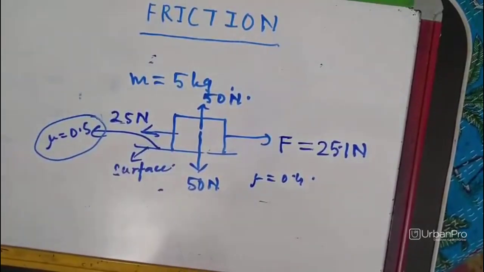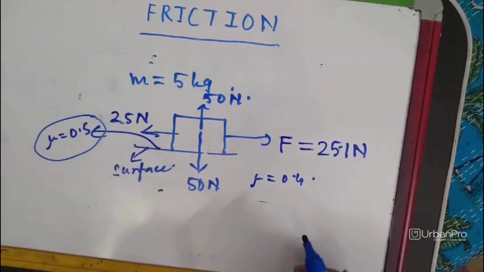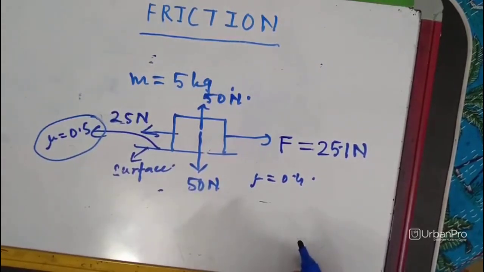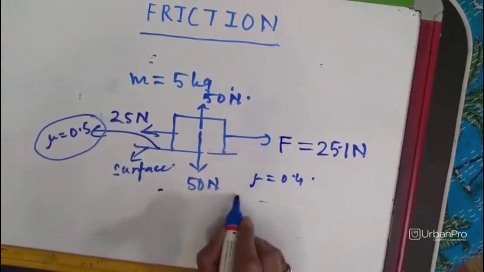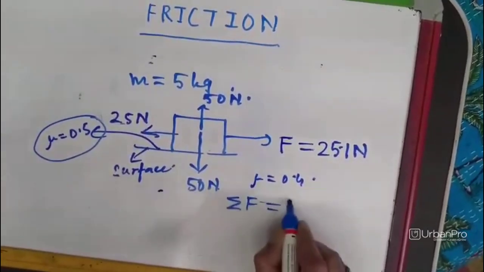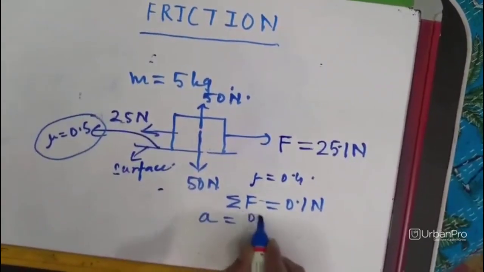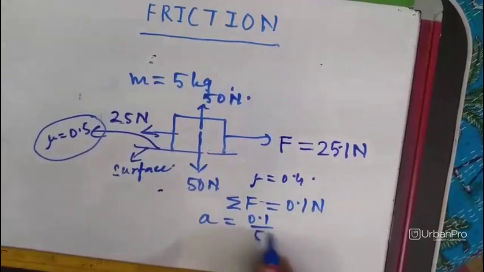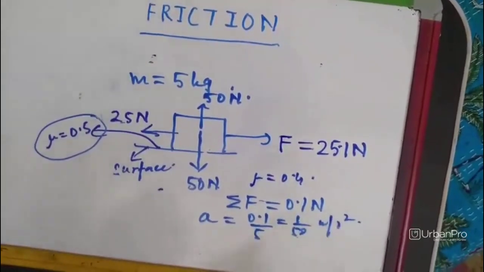So there is a net force towards the right, and according to the second law, net force on a body is equal to mass of that body into acceleration of that body, and net force towards the right is 0.1 Newton. So the body will start accelerating with 0.1 by 5 kilos mass, which is 1 by 50 meter per second square.